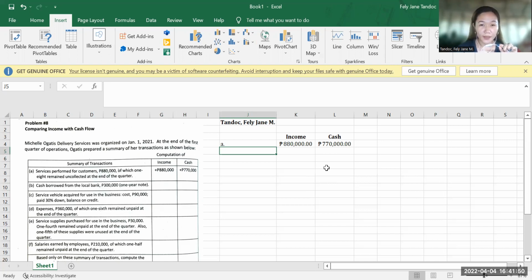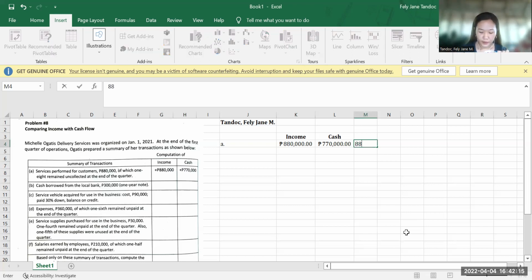Why did it become 770,000? The total income is 880,000 times 1/8, for a total of 100,000.